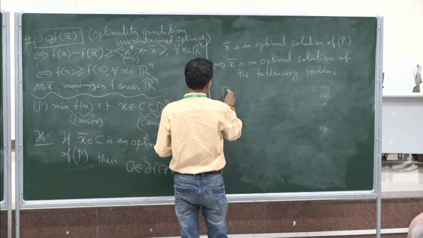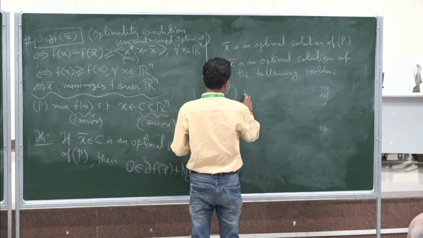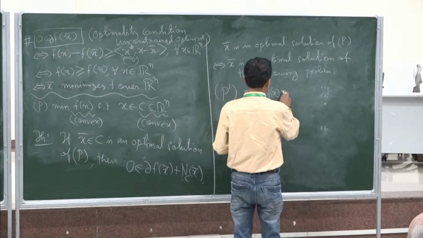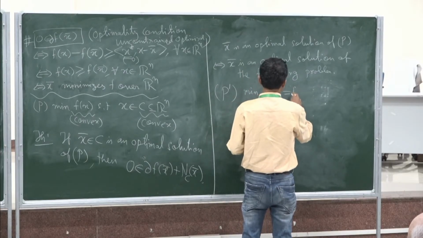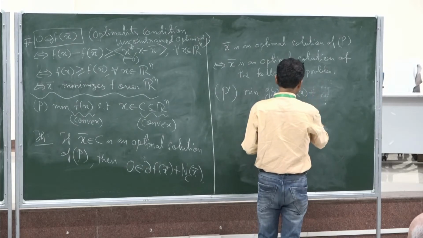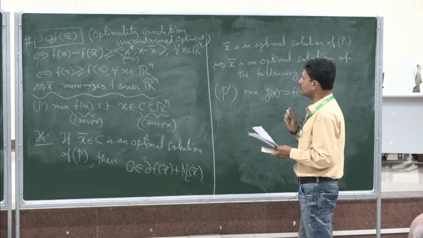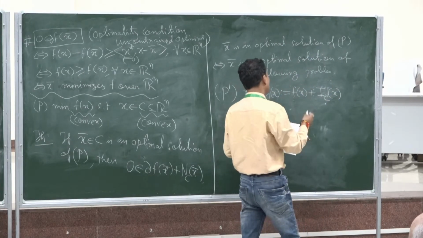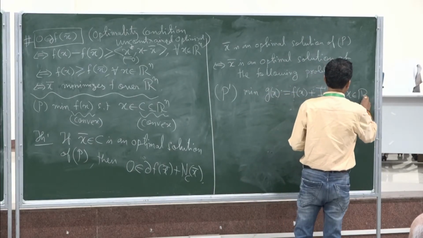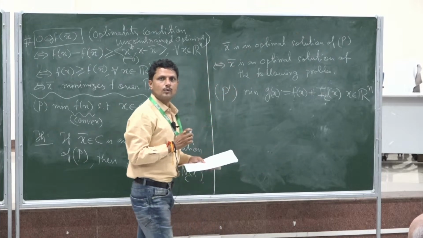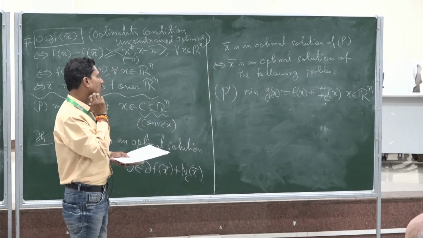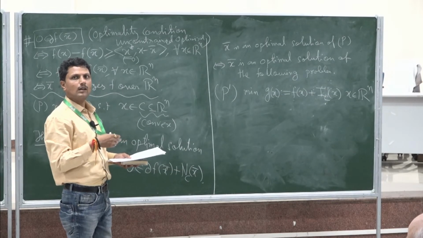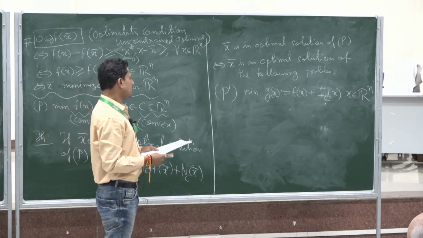Suppose it is P dash. We want to minimize some function g of x, which is defined as f of x plus the indicator function of C at x, where x belongs to Rn. So now we have an unconstrained optimization problem. Starting from the constrained optimization problem, we have converted it into an unconstrained optimization problem.